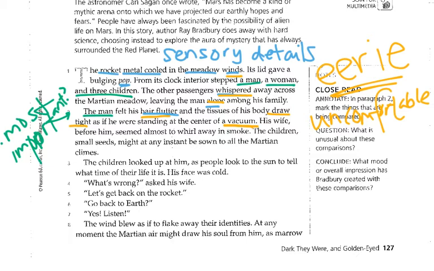Next we see, so he's feeling uncomfortable. He's feeling like he's being clenched and sucked into a vacuum. Then we see his wife whirling away in smoke. So already I'm wondering, okay, he's feeling uncomfortable. Is she just kind of the person to go along with everything? And that's why he's describing that? Or is that just something about setting where it's telling us that she's emerging from the smoke of the rocket ship.